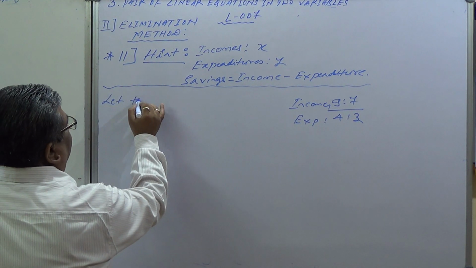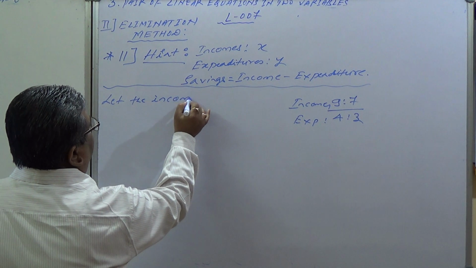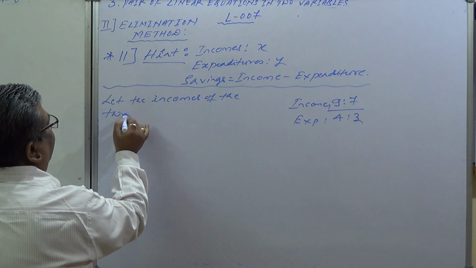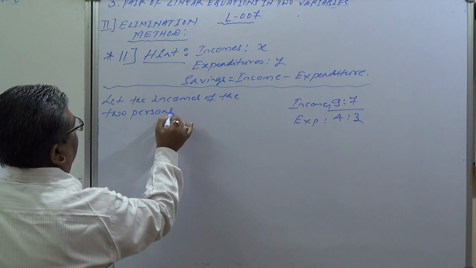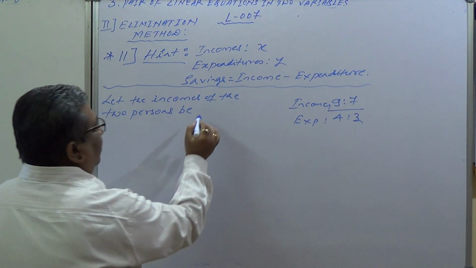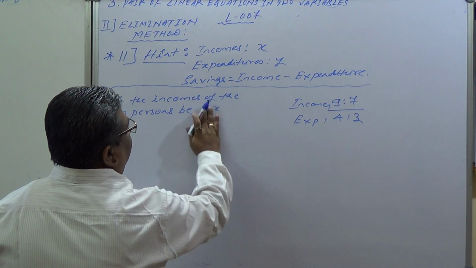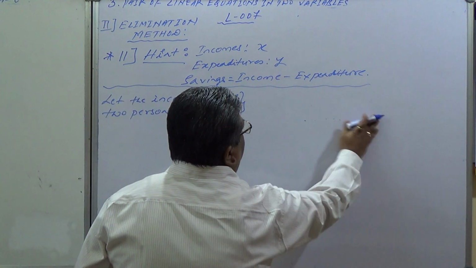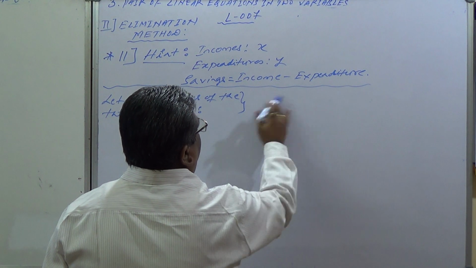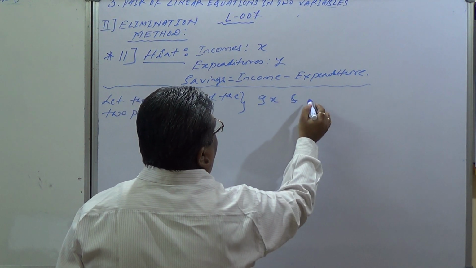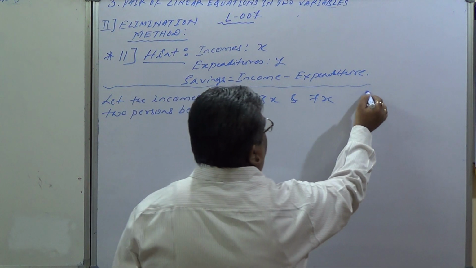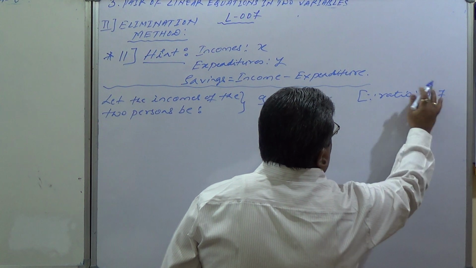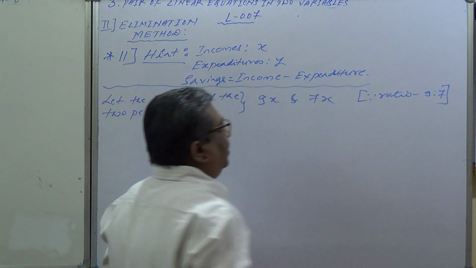Let the incomes of the 2 persons be 9x and 7x, because the ratio is 9:7.